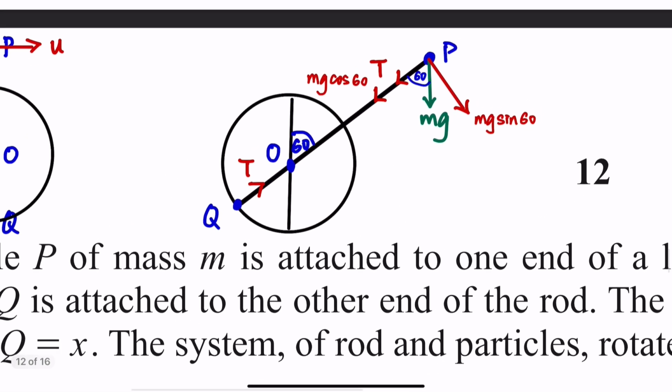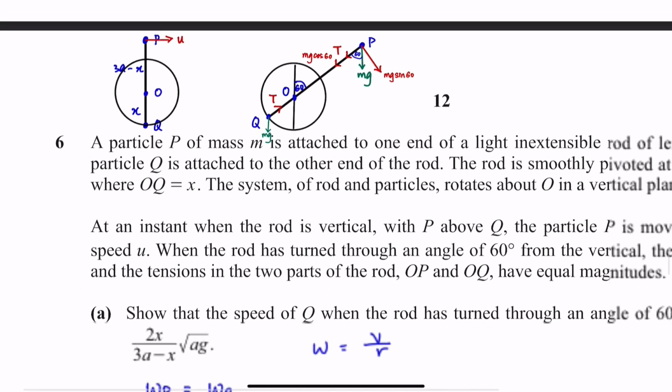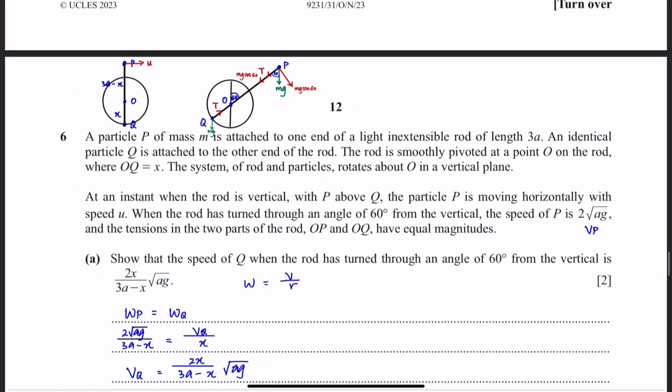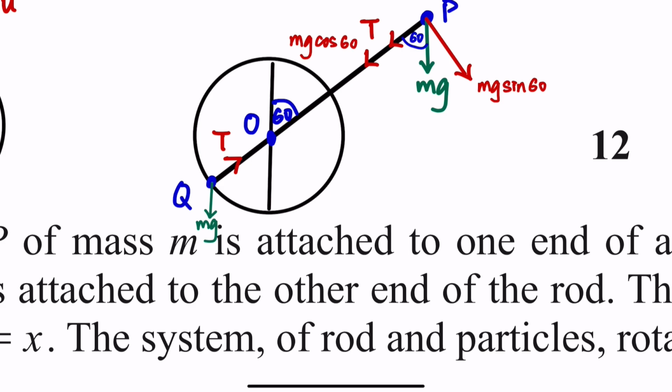So for Q, we have tension in this direction, and now we have our weight pointing downwards. This is also mg because it states that Q is an identical particle. Now we need to resolve it in this direction and this direction.